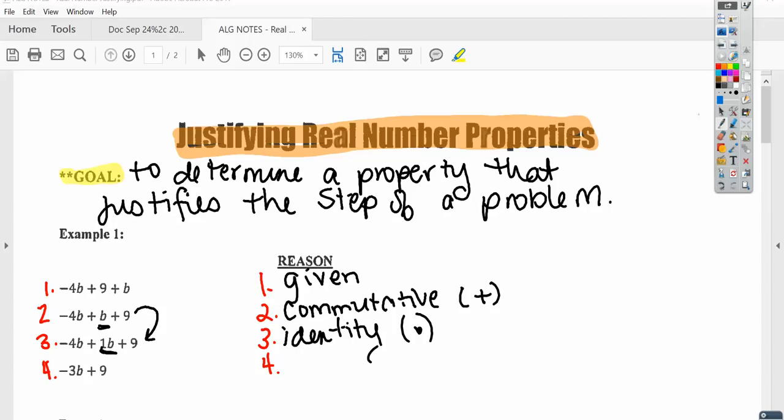And if I go from step 3 to step 4, what physically changed? I got a negative 3b. How did I get that? Because I added negative 4b and 1b. There's no property for adding. That's just basic math, so I would just say I added. And I'm done. Because I'm able to justify all of these steps with a mathematical property, this is a valid way of solving the problem.